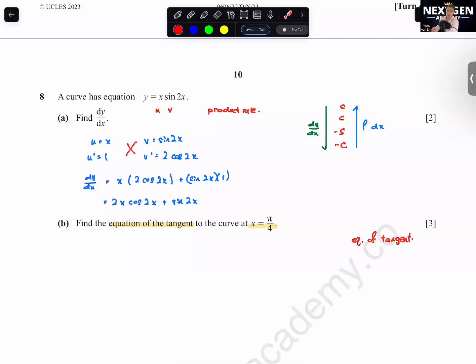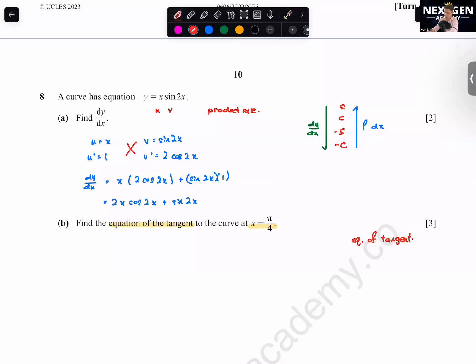So equation of tangent, what's the first thing we want to find? Your gradient, right? Then you put into equation of a line. Wait, here we still need one more thing. So we need an m, we need a point.